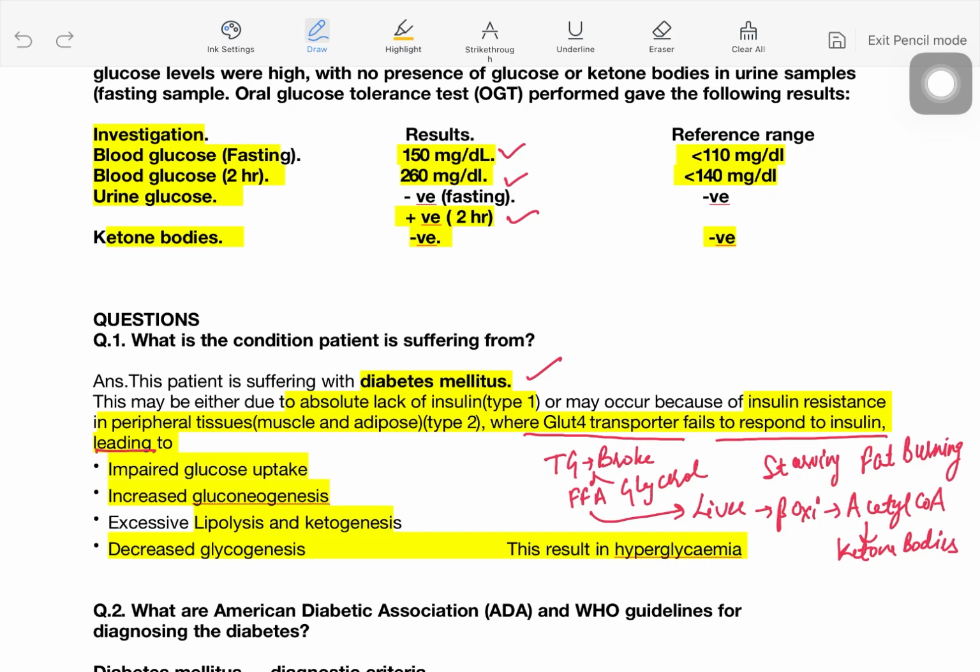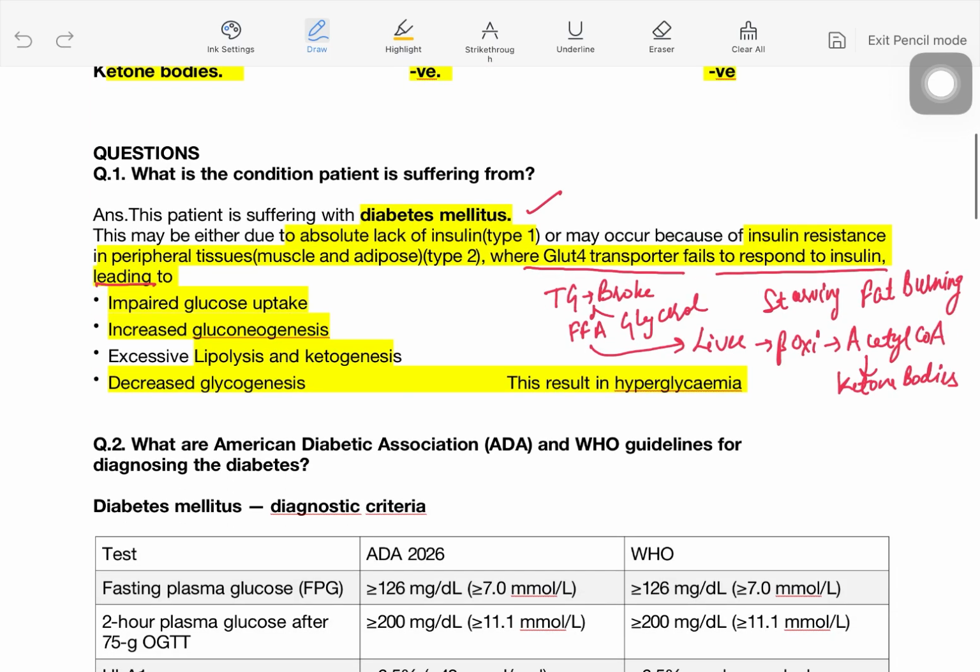So moving to our next question, what are the American Diabetes Association, that is ADA, and WHO guidelines for diagnosing diabetes? The answer is the values are the same for ADA as well as WHO.